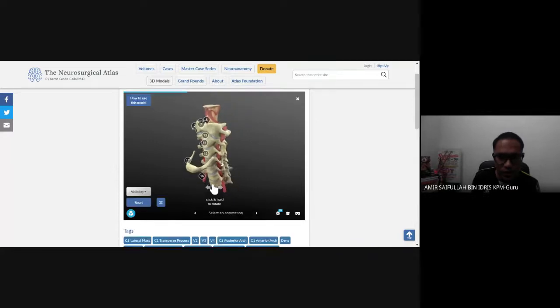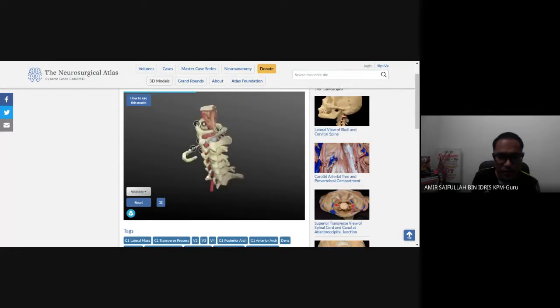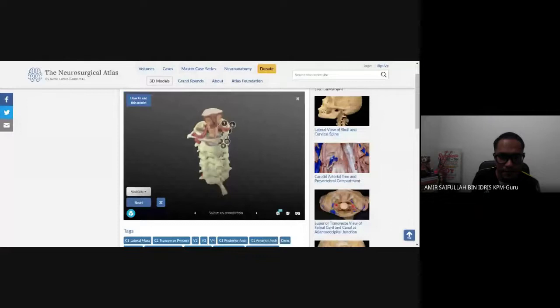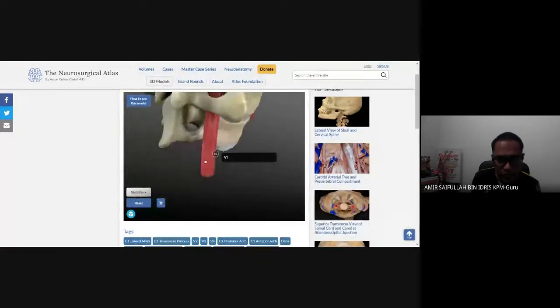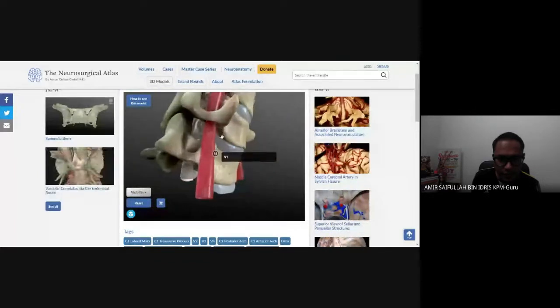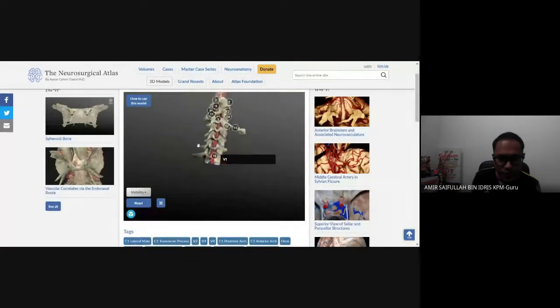Okay, so this is your backbone. Nampak tak? Can you guys see? So zoom. Kalau dari bawah dia nampak macam ni. This is the cross section.